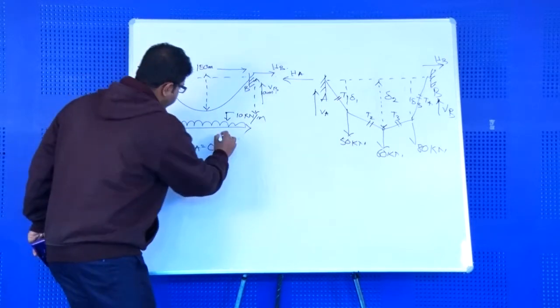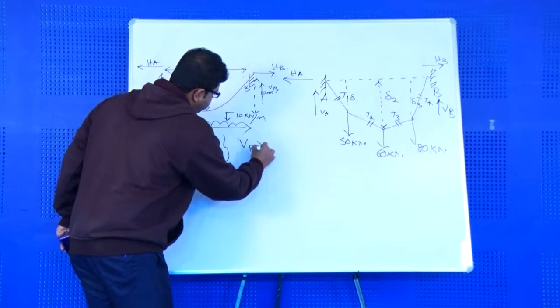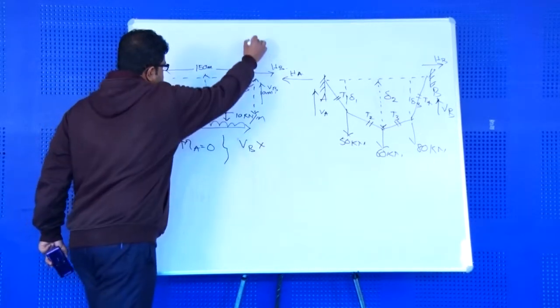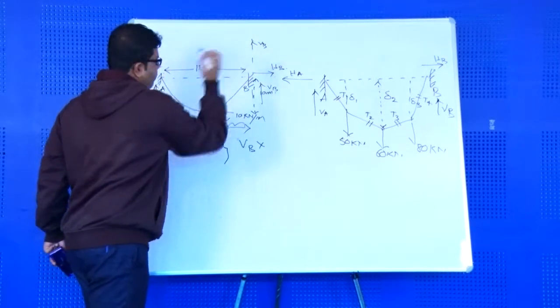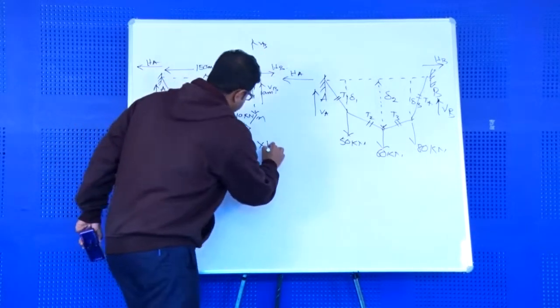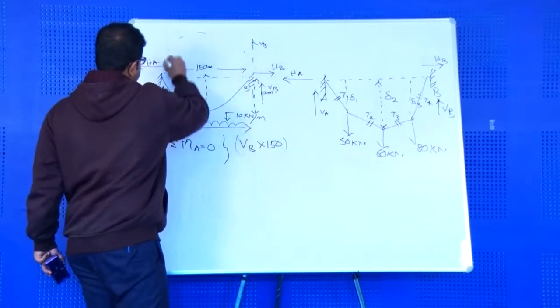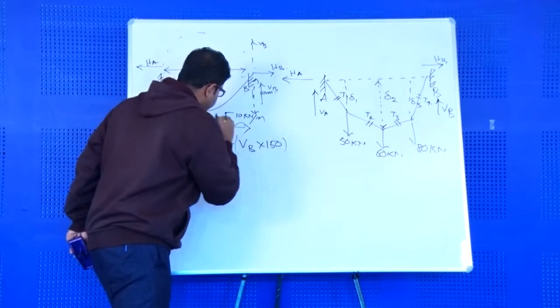We know that moment equals force multiplied by perpendicular distance. The perpendicular distance for VB is 150 meter. So VB into 150. VB acts upward, so it is anticlockwise, and the moment will be negative.